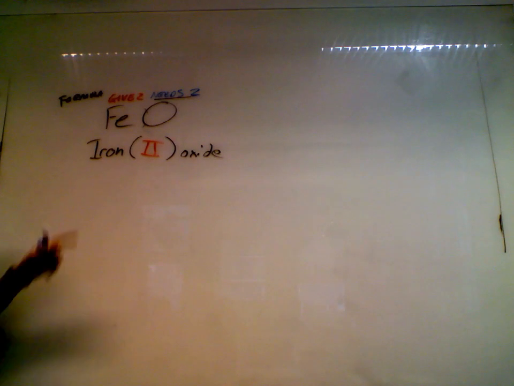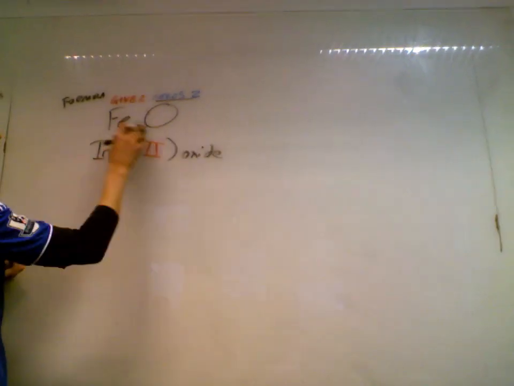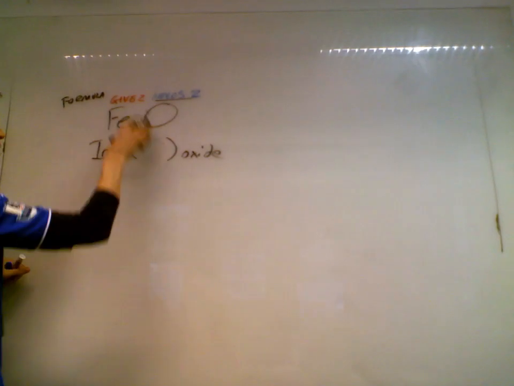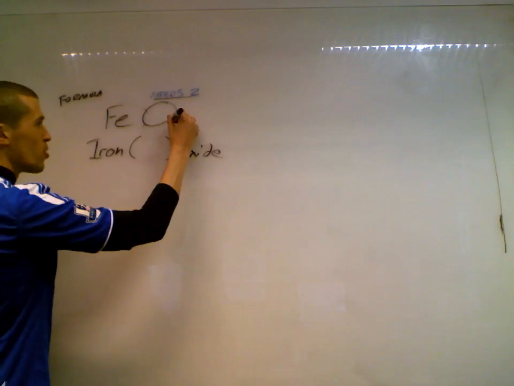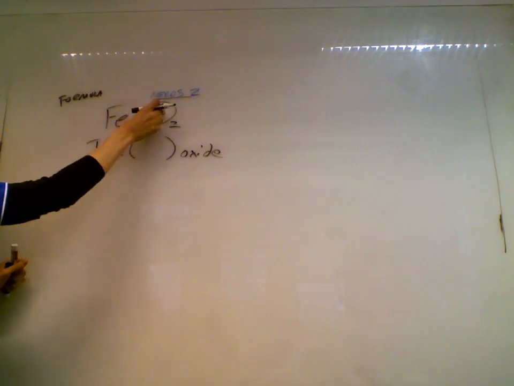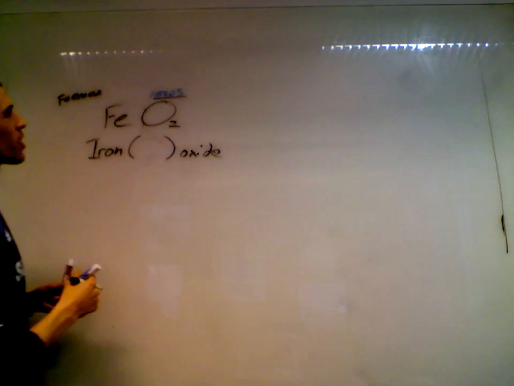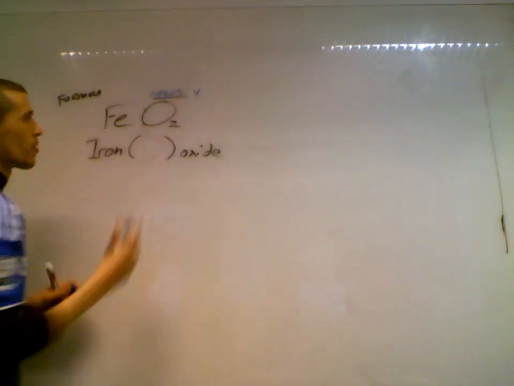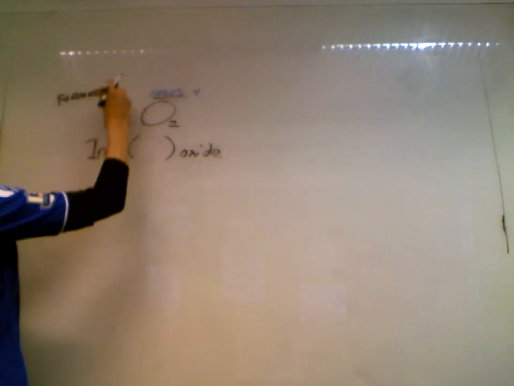Now, let's complicate the situation more. Let's say instead of it just being FeO, now it's FeO2. You're going to need 4. So the total amount of electrons that these oxygens need is 4. So that means that this iron right here is going to need to give how many? 4.